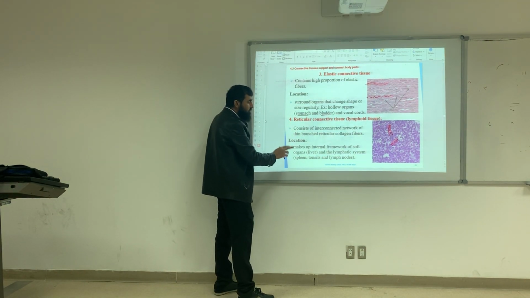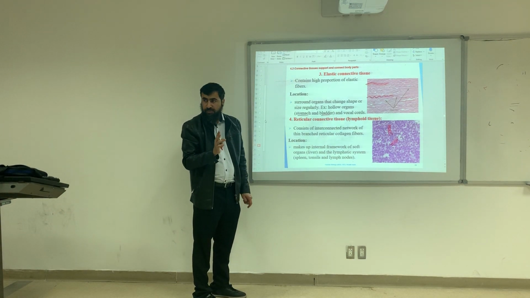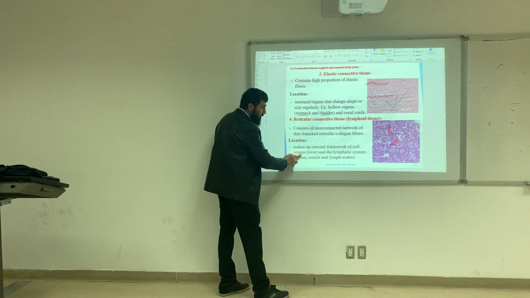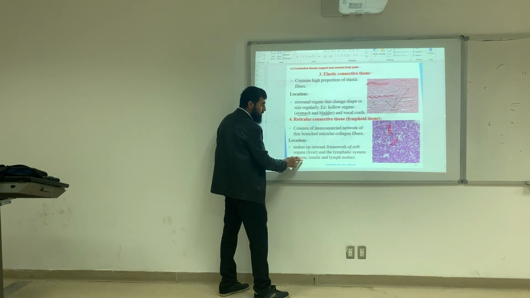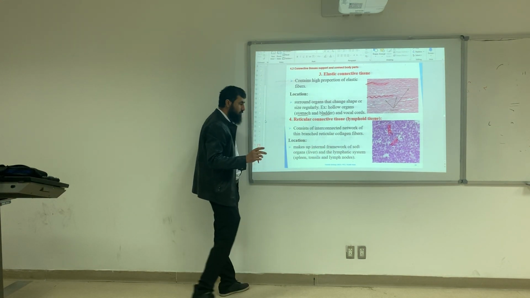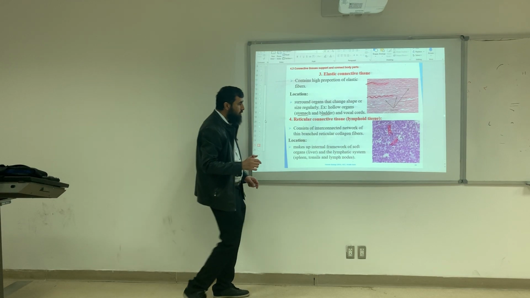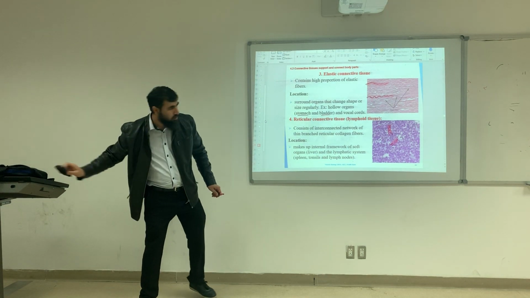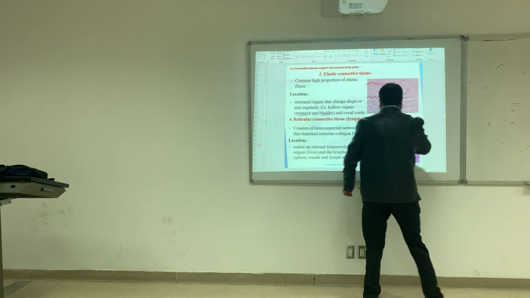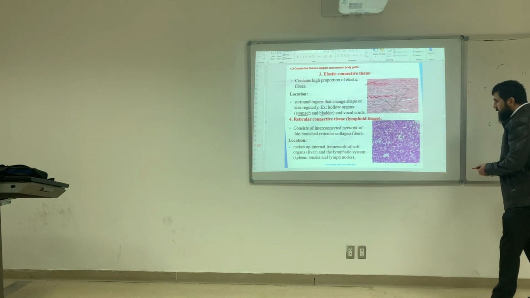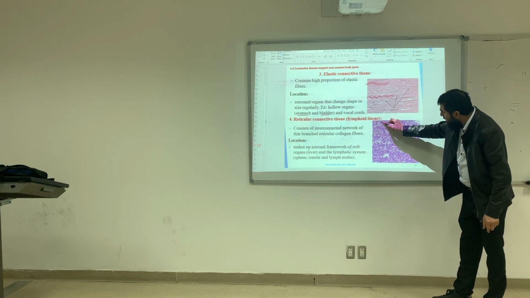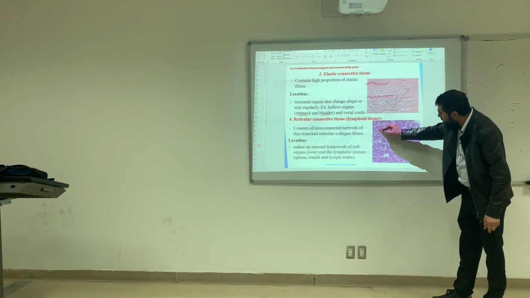The reticular, you find those in the softer organs, like we said, the liver, lymphatic system, like spleen, tonsil, and lymph nodes, okay? As you see, you can see the reticular fibers.